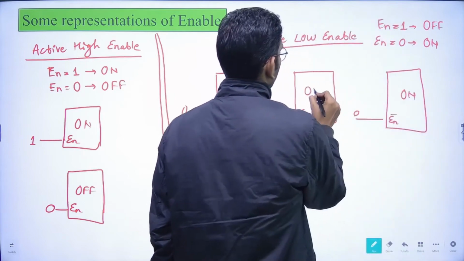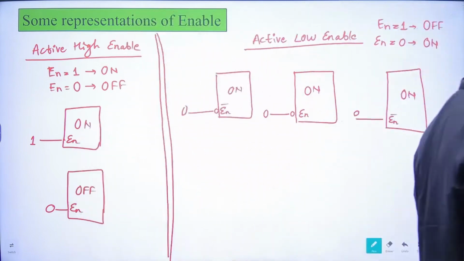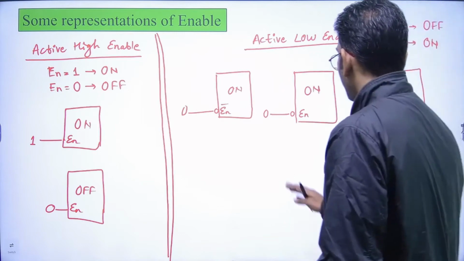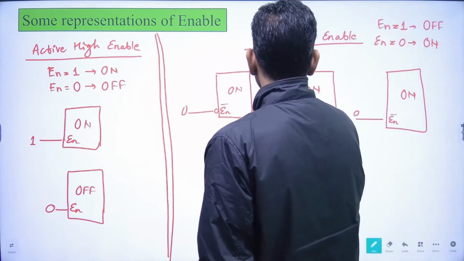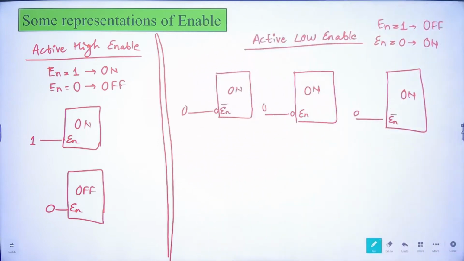So these all basically represent the on state of the active low enable. You can have a look over it.